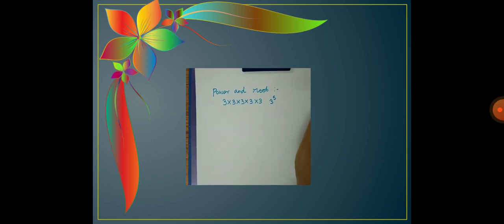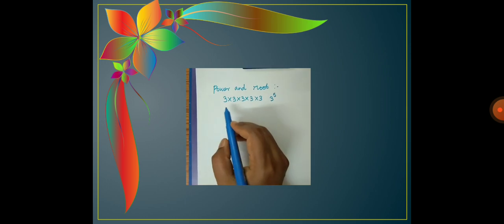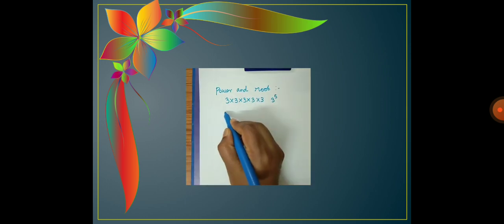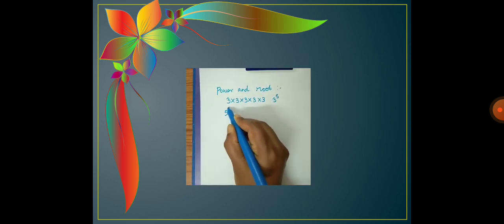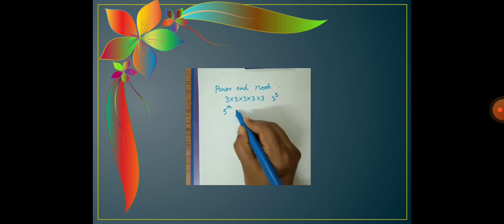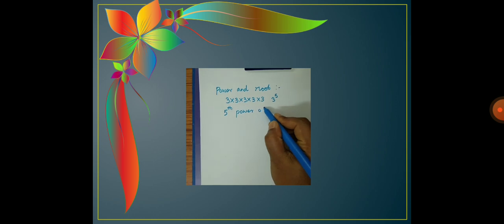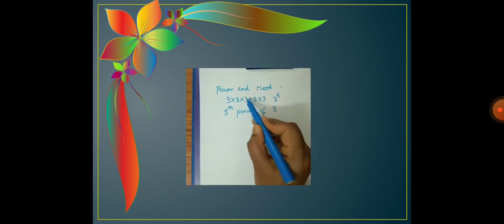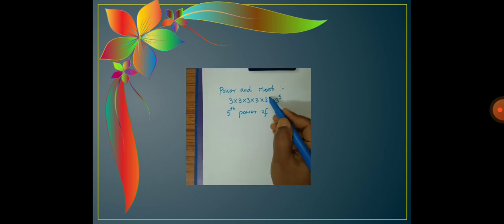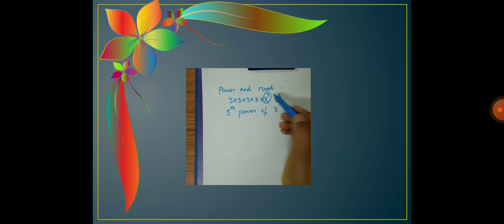Yes, 3 raised to the power 5. Now what is the fifth power? Fifth power of 3. See, 1, 2, 3, 4, 5. This is the fifth power of 3.